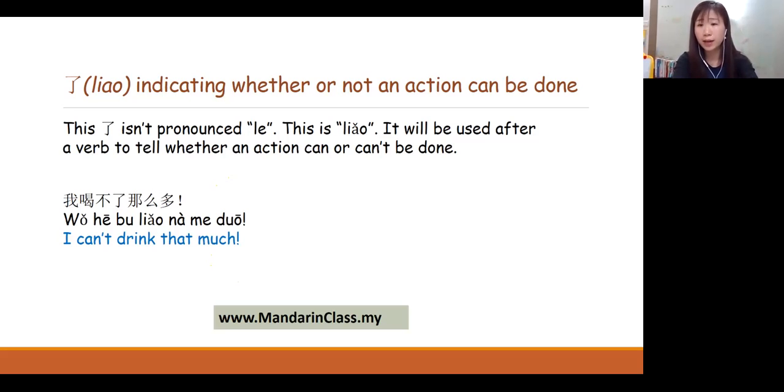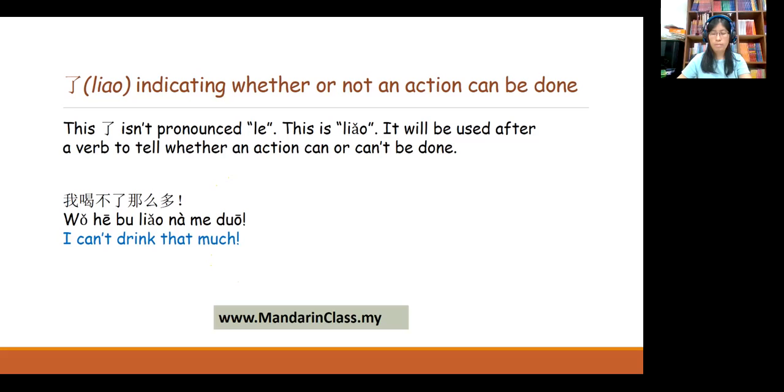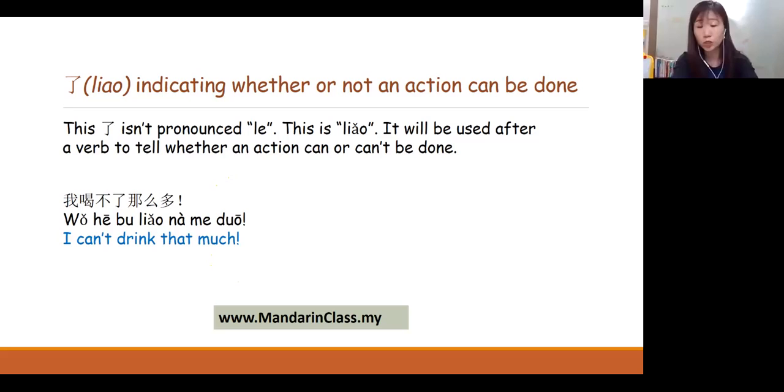So 我喝不了那么多 means I can't drink that much. I'm sorry, I can't drink that much. 我喝不了。But if you can, you also can use this. 我喝得了那么多。Yes, I can drink that much. 我喝得了。We use the word 得 to replace the word 不。Okay, 我喝不了那么多, I can't drink that much.